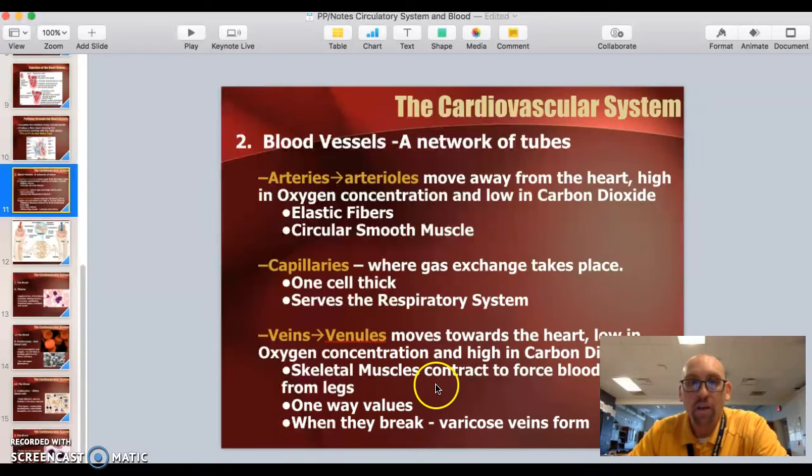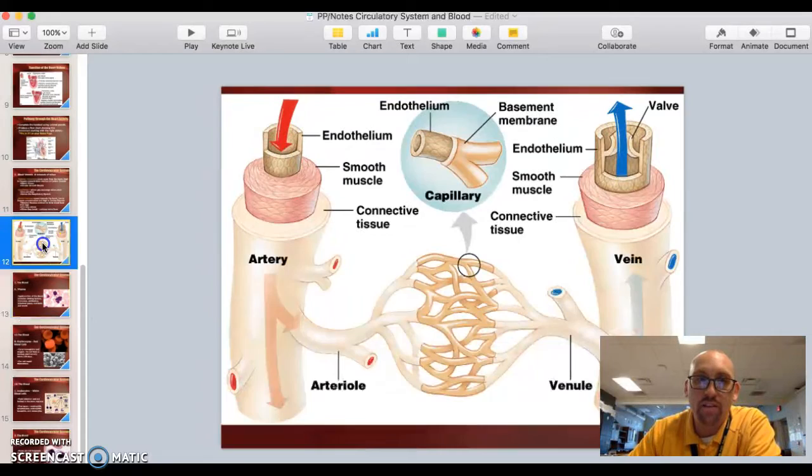These are high in carbon dioxide and low in oxygen because they're returning to the heart. Varicose veins come when these valves break and blood starts to pool in your legs, so then your veins stick out a lot.